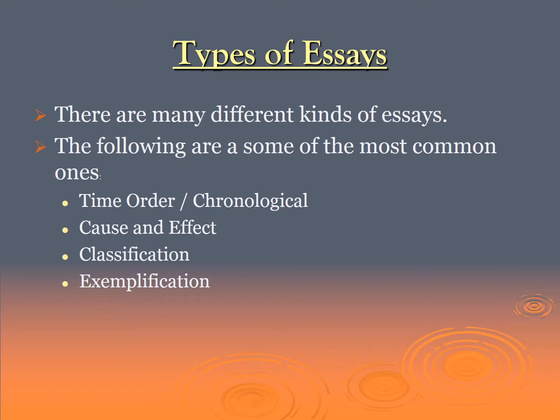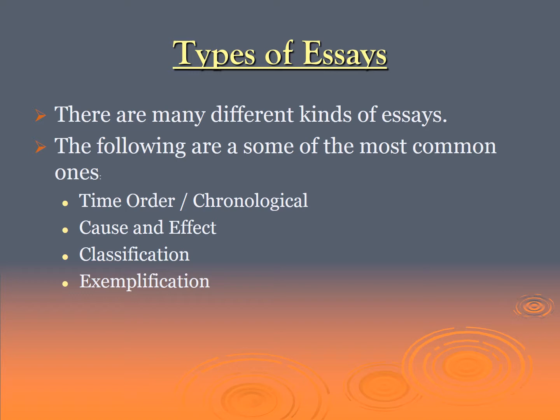There are many different types of essays. The following are some of the most common ones that we're going to discuss in this class: chronological or time order, cause and effect, classification, exemplification. And you might note some of these are familiar to you from when we talked about patterns of organization in paragraphs. Patterns of organization are present in both paragraphs and essays.